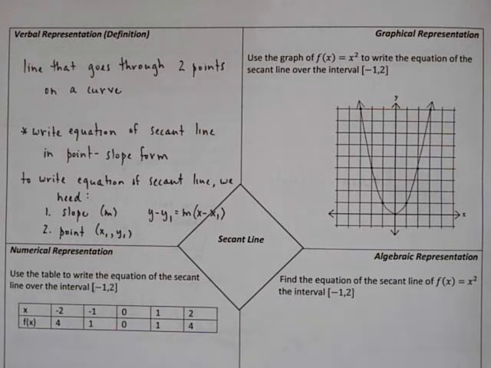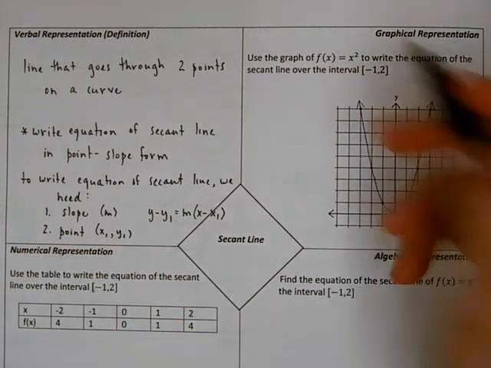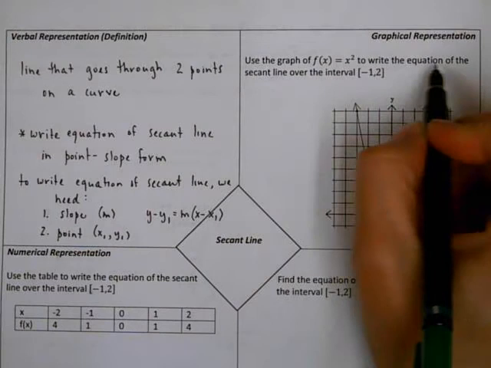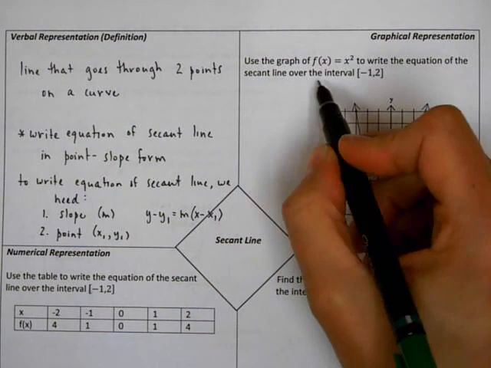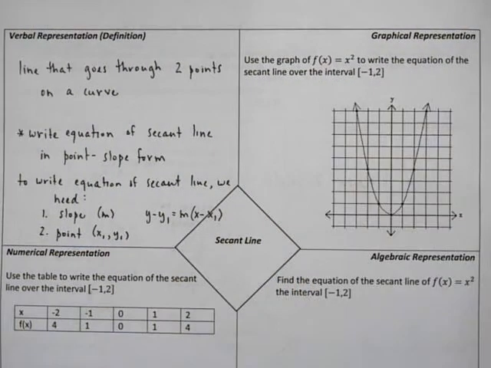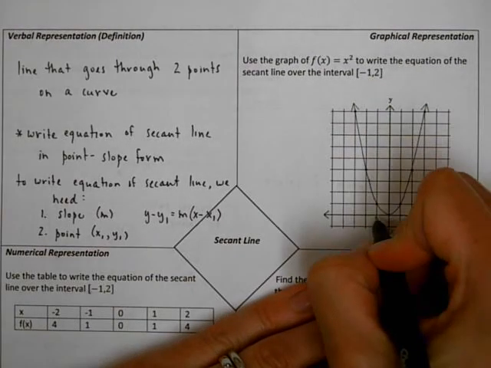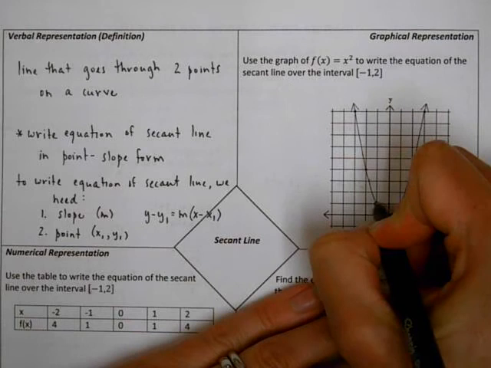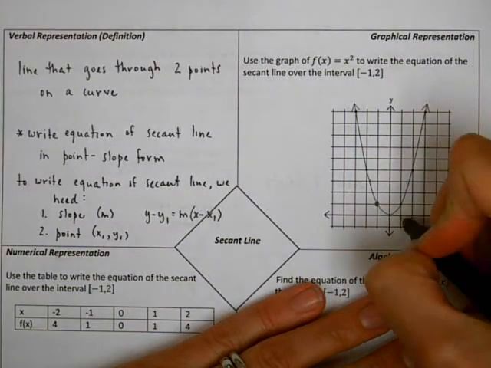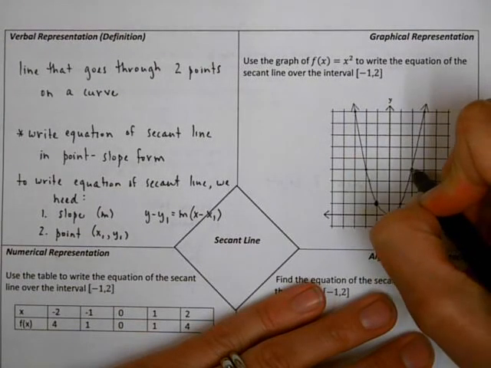All right, so let's look at what this looks like graphically. So we're going to use the graph of f of x equals x squared to write the equation of the secant line over the interval from -1 to 2. So again, these are giving me x values. So when x is -1, my function value is 1. That's my point right here. When x is 2, my y value is 4.